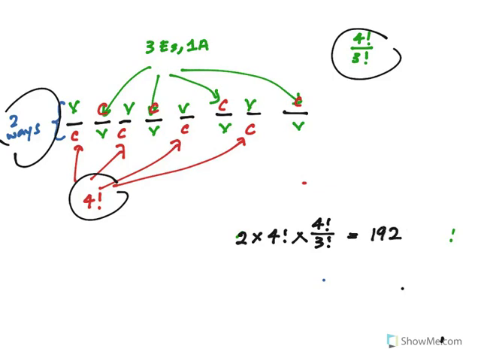I use different colors for the different considerations. 4 factorial ways to arrange the consonants, 4 factorial over 3 factorial ways to arrange the vowels, and 2 ways because we can start with V first or with C first.